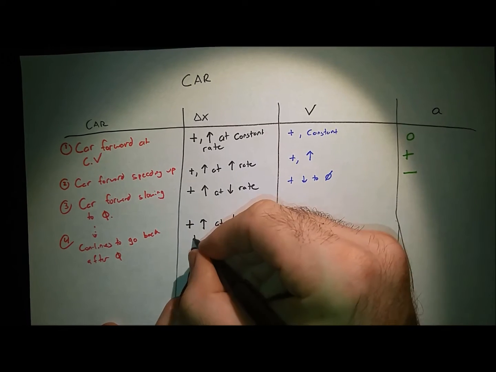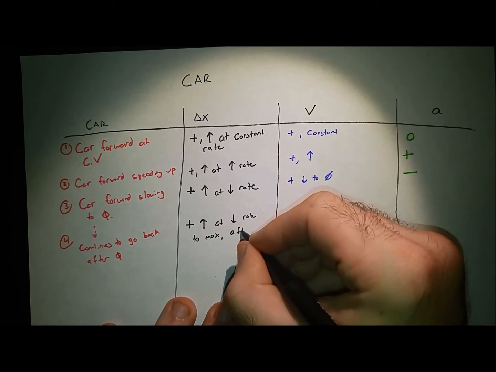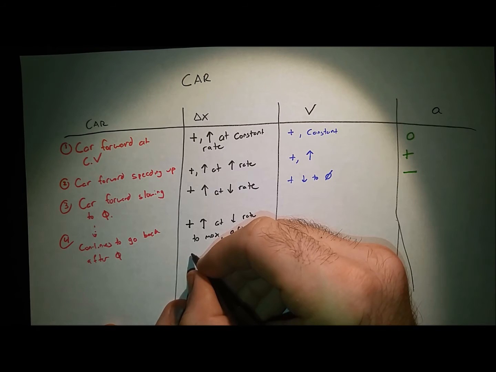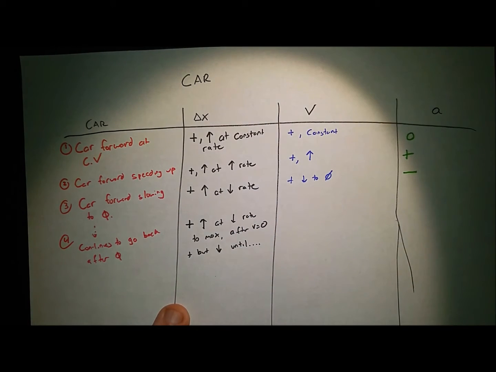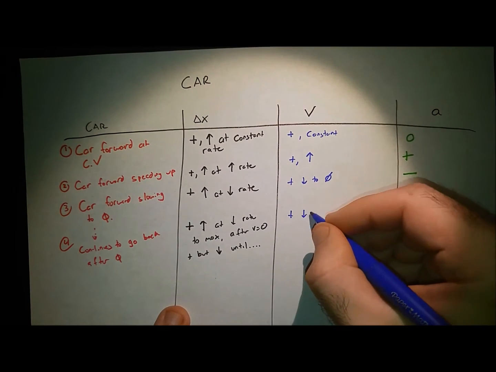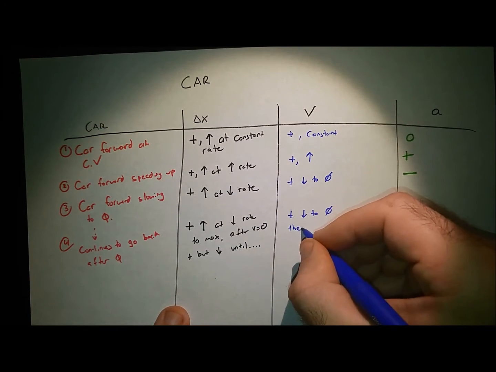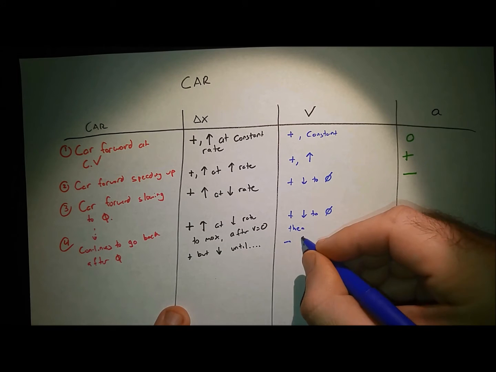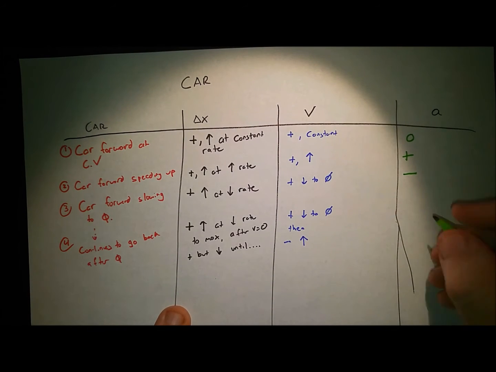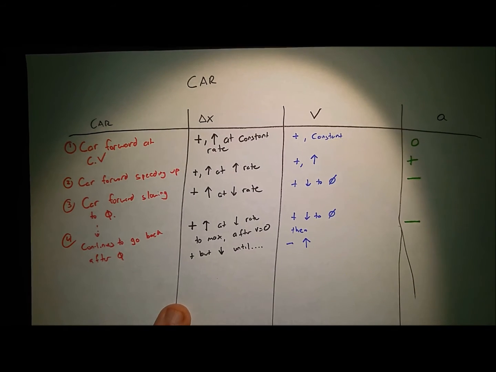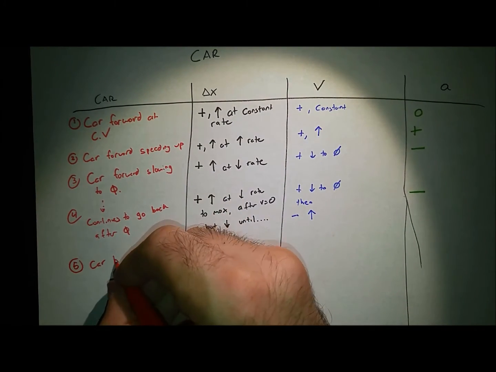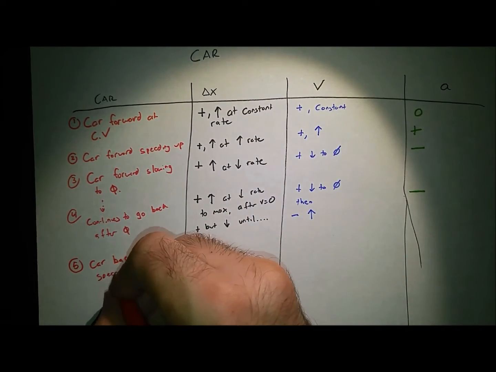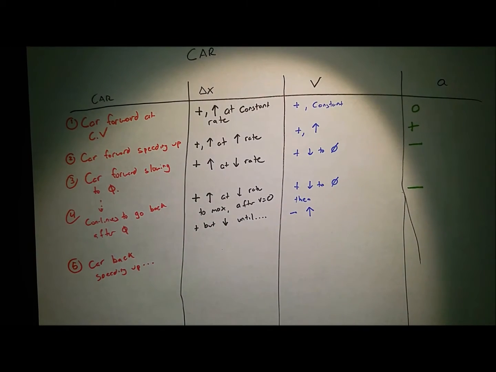So it's got an increasing displacement at a decreasing rate until it hits 0, and then it's positive, but losing displacement until eventually it gets back to its start point. The velocity is first positive, but decreasing to 0, and then it's going to be negative and increasing because it's going backwards. So the acceleration the entire time is negative because it's losing positive velocity at first, and then it's gaining negative velocity next.